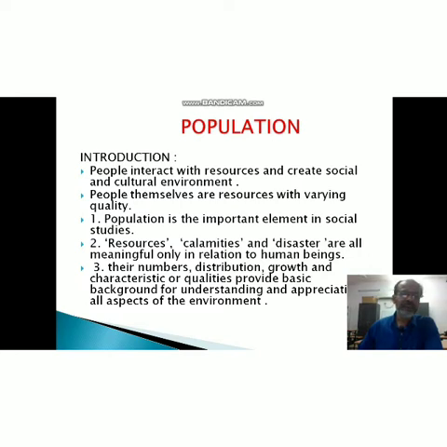I am giving you one example, of Japan. In Japan, there are so many calamities and disasters, but the people of Japan are facing the problem, and since people are resources, they can change their lives by their skills, and calamities and disasters are nothing for them.